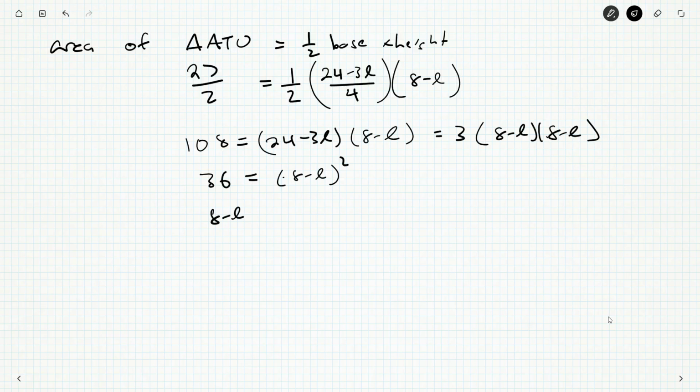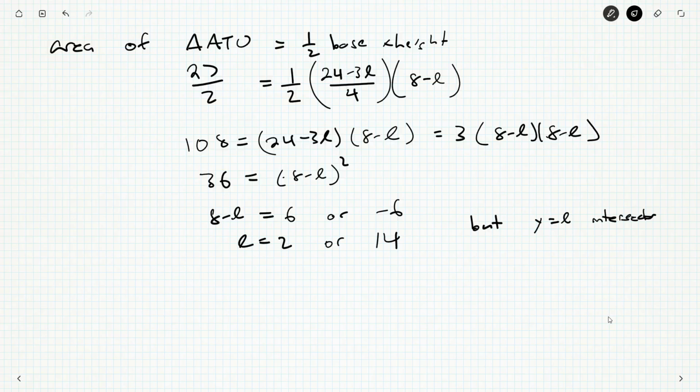So 8 minus L is 6, or negative 6. And so from there we can conclude that L is 2 or 14, but y equals L intersects AB and AC.